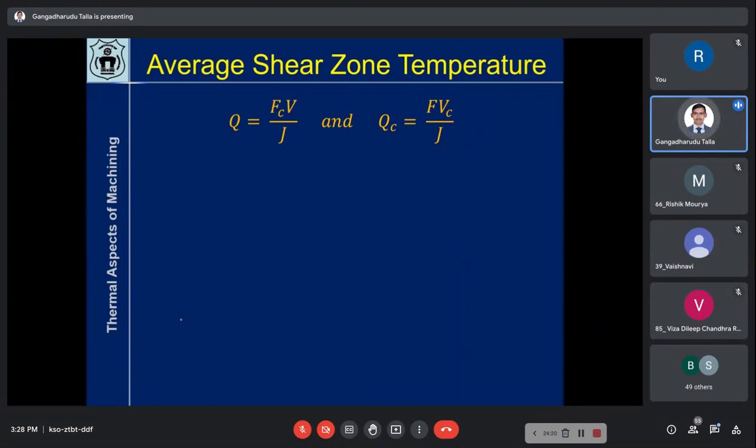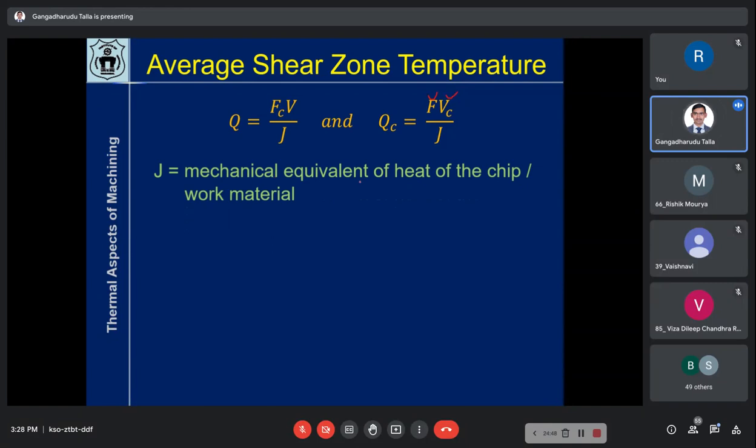And Qc is equal to F into Vc divided by J. Qc is the temperature generated at the chip and tool interface. So this is friction force, into chip velocity, divided by J, the mechanical equivalent of heat, of the chip.